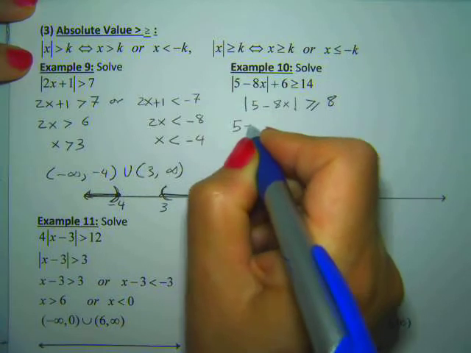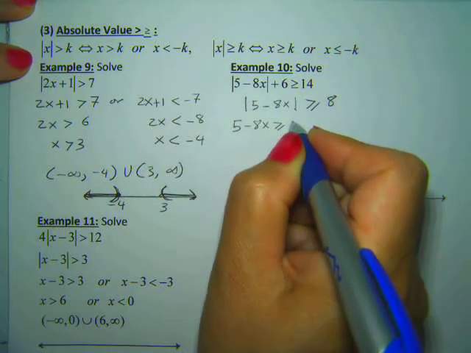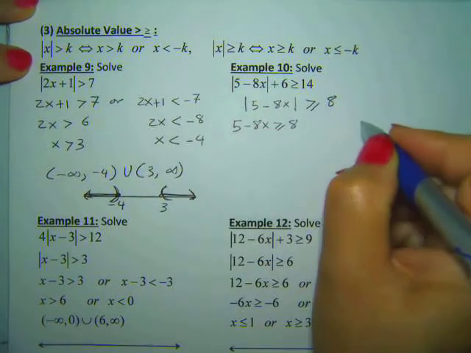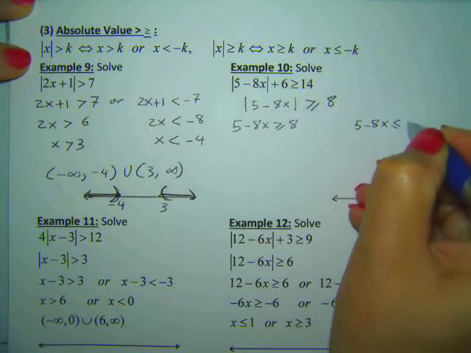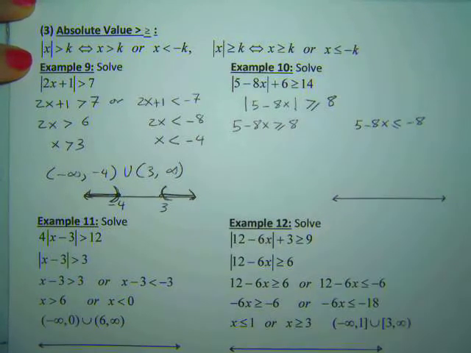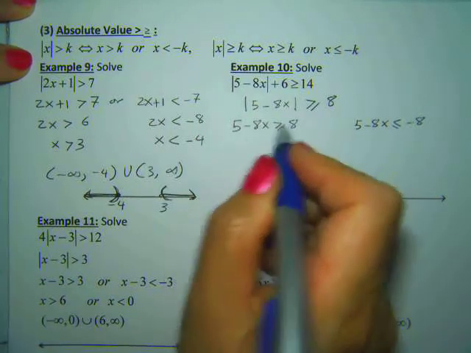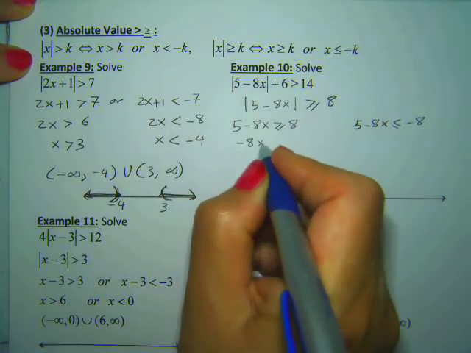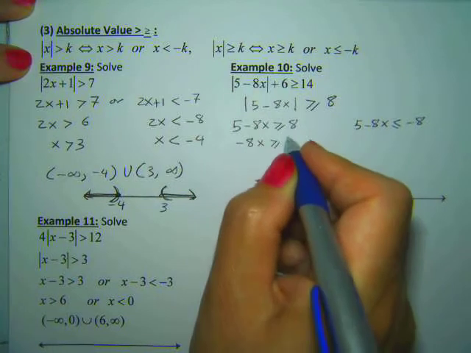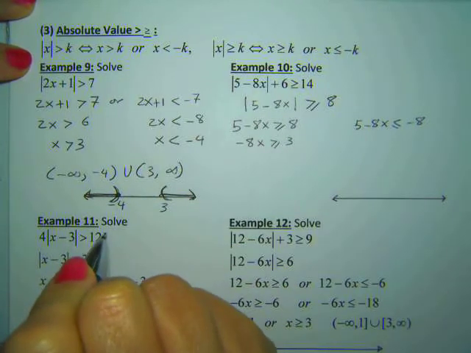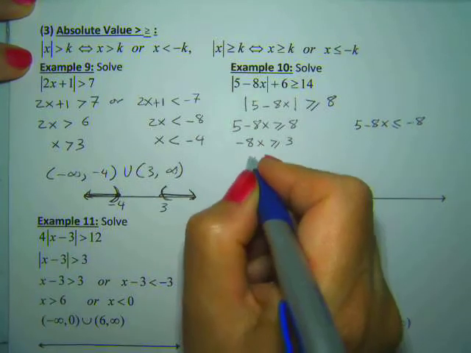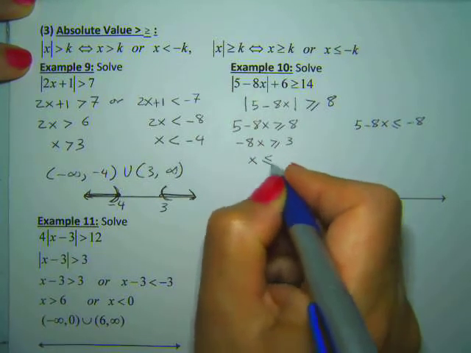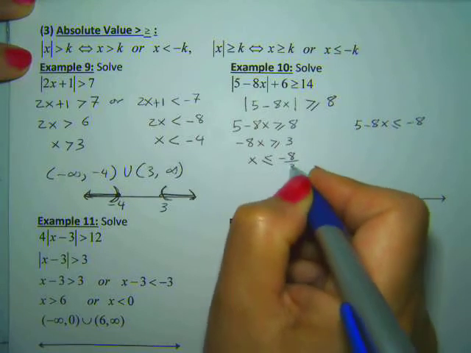One of them is 5 minus 8x is greater than or equal to 8, as is. The other one is 5 minus 8x less than or equal to negative 8. Let's solve them individually. Subtract 5, negative 8x greater than or equal to 3. Now we're going to have to divide by negative 8. So what do we do when we divide by a negative? We switch the sign. So don't forget that.